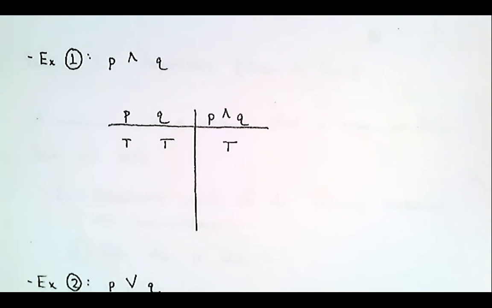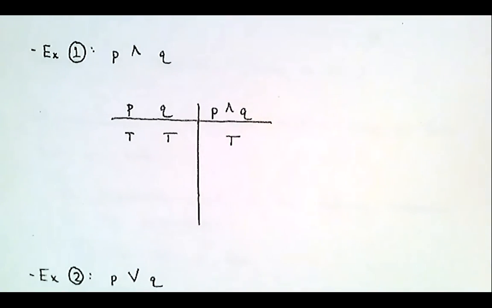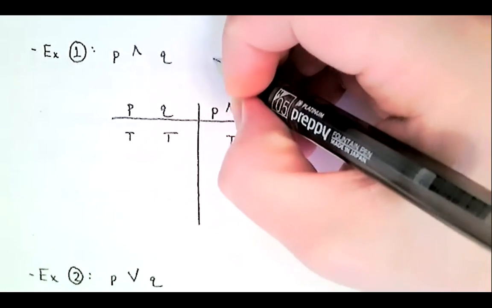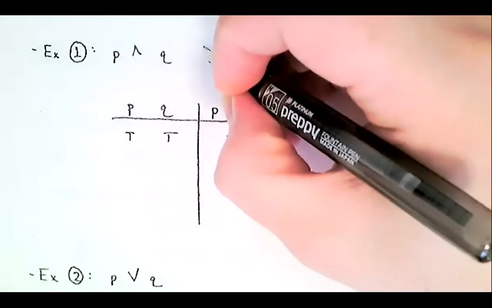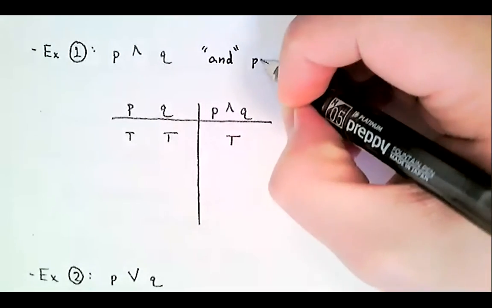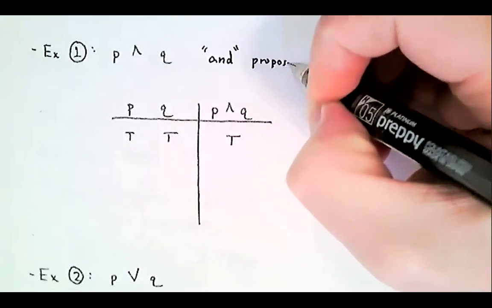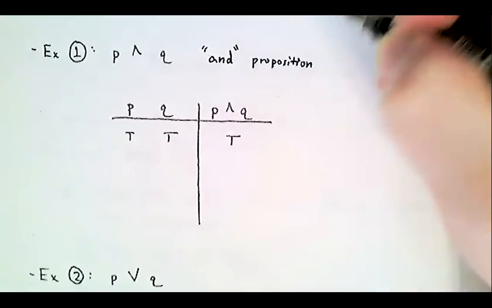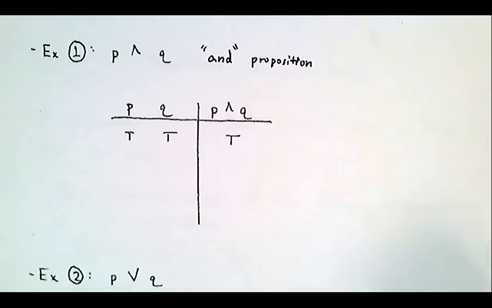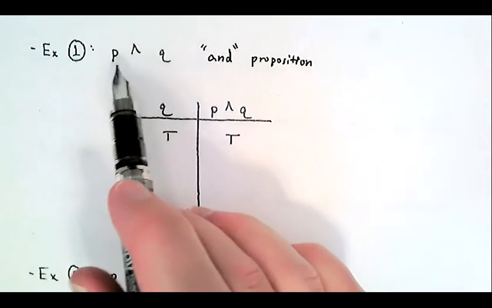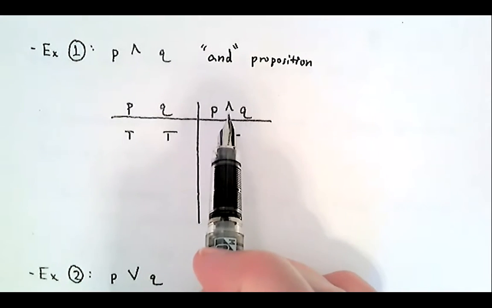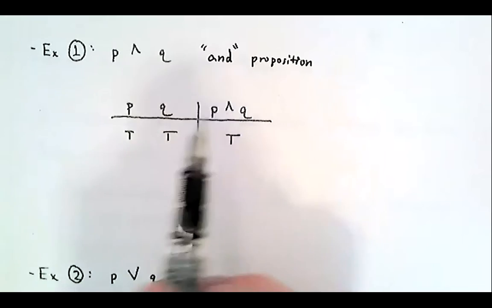So what I want to do is fill out a truth table for the 2 logical connectives that we've learned, the and statement and the or statement, or to be consistent, the and proposition. So this time I have 2 simple statements, 2 simple propositions that I'm combining together with the and.